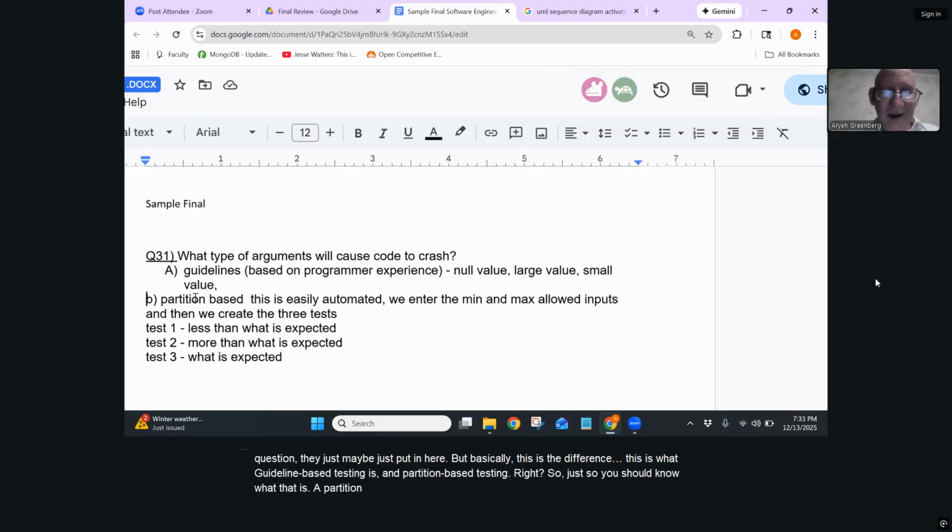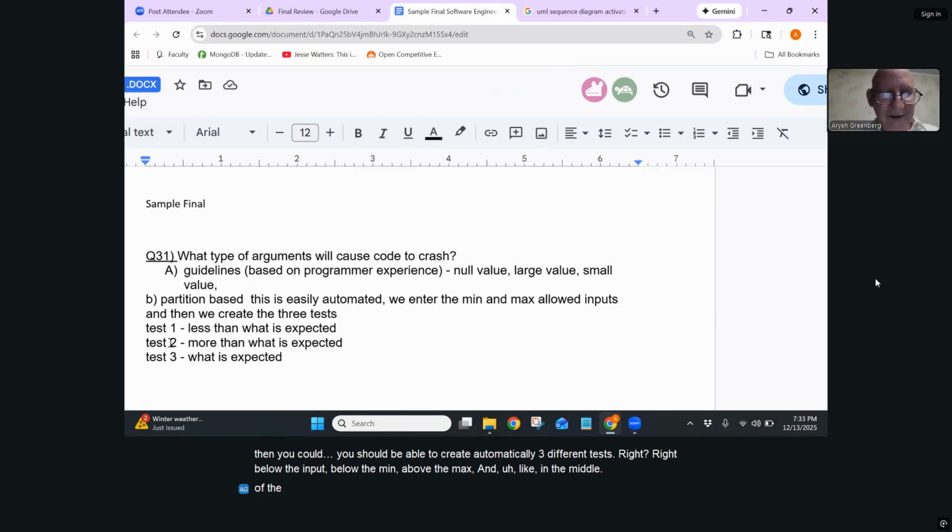Partition is very simple. As long as you know the min and the max of the method, you should be able to automatically create three different tests: right below the min, above the max, and in the middle of the expected values.